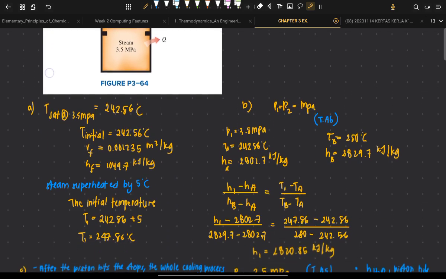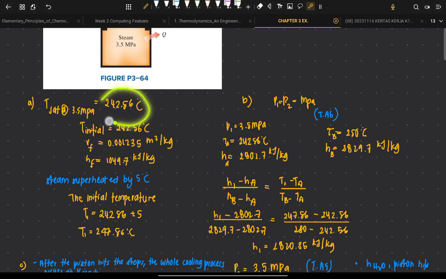So here I got 242.56. It's actually stated in table A5, at P 3.5 megapascal, and you can see the top one. Yeah, you get 242.56, and you can get the vf and hf.